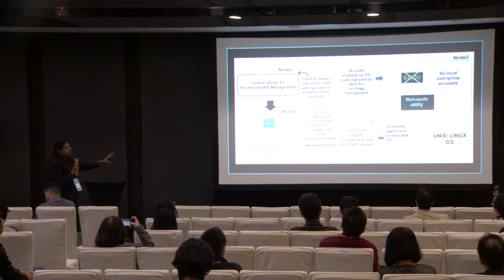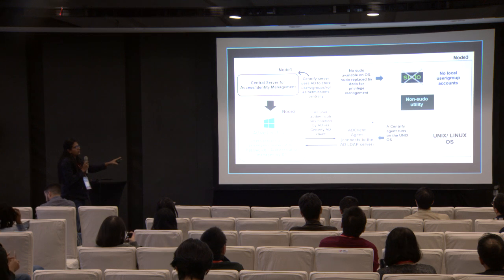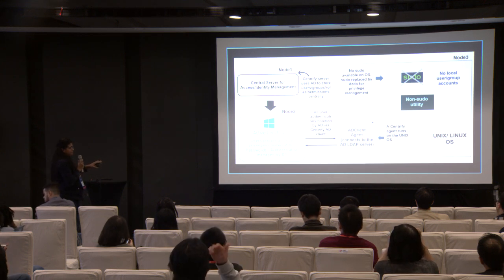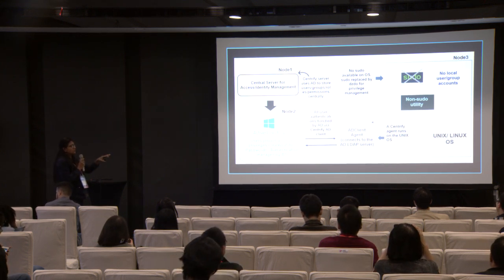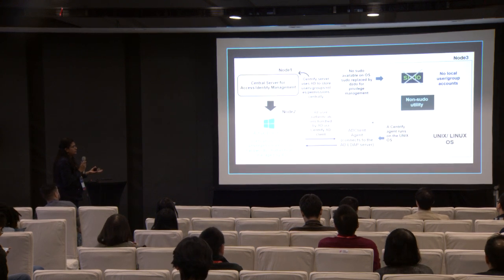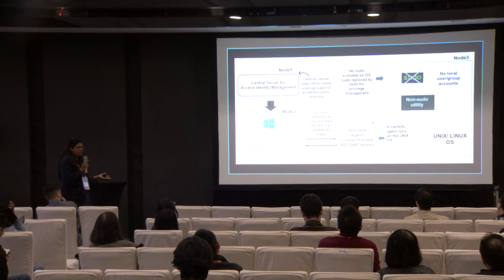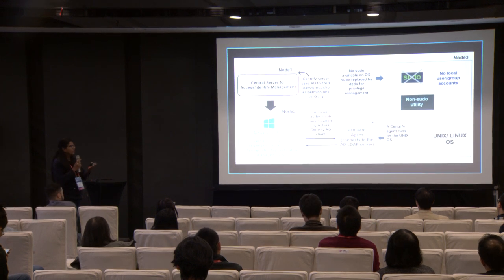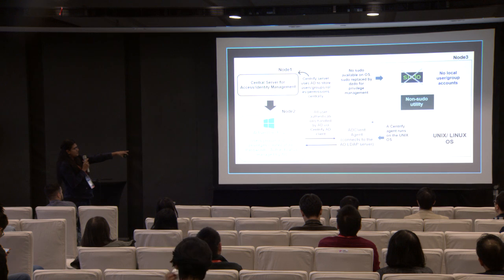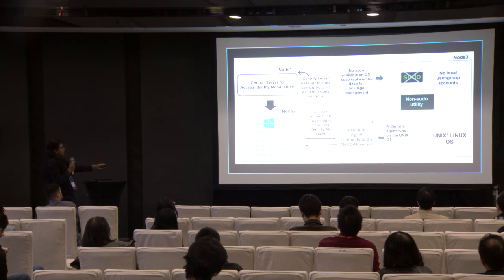It doesn't have a provision for local user or group creation at all. All it has is a non-sudo utility, which in the case of Centrify is called DZDO. The Centrify agent that runs connects to the Active Directory, which is node 2, and node 1 is your central server, which I think I explained before.